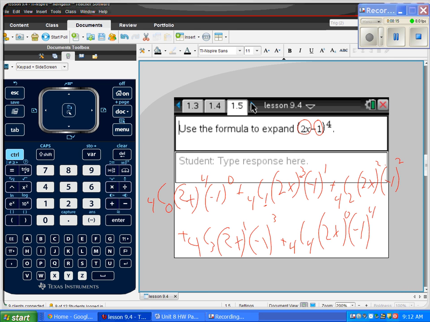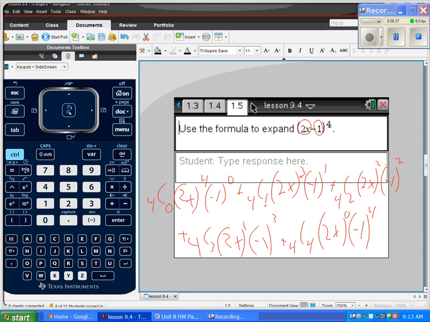Okay, now if we simplify this, we're actually just going to get a nice expression that we wanted. What is 4c0? Do it in your calculator. It's 1, okay. What's 2x to the fourth? You can't do this in your calculator, it's got an x.